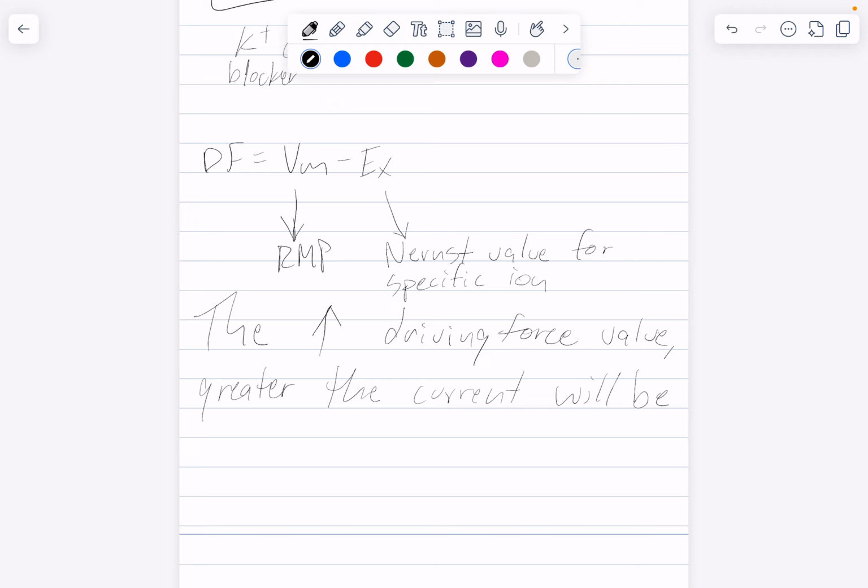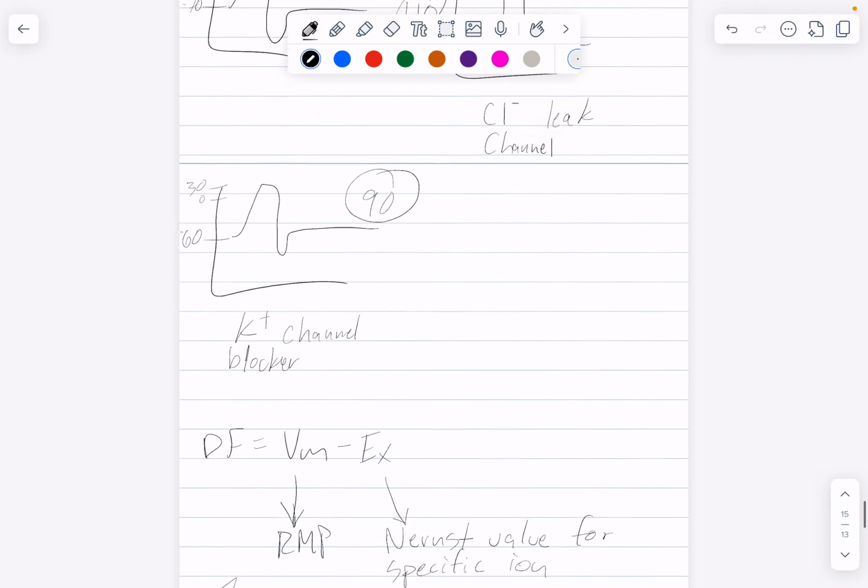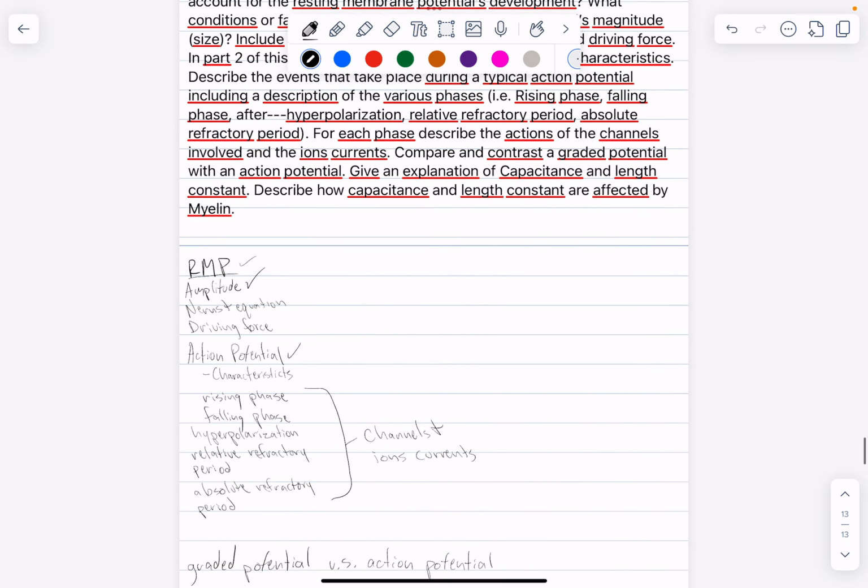So the driving force, when a channel is open, there's a short amount of time that chemical and electrical gradients allow things to pass through. Yes, that's for driving force.